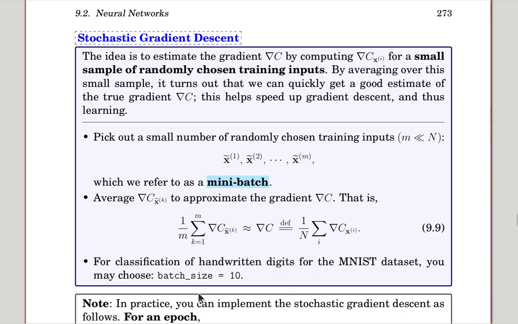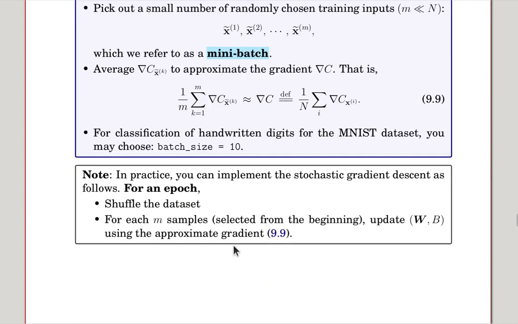In practice, you can choose the batch size, in this case M. It's 10 or 20 or 30, depending on your preference, and you can choose some number. In practice, you can implement stochastic gradient descent as follows.